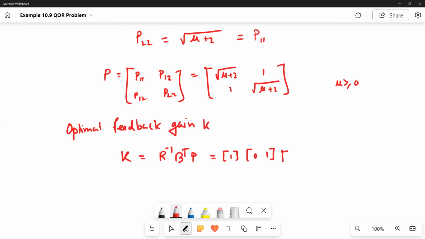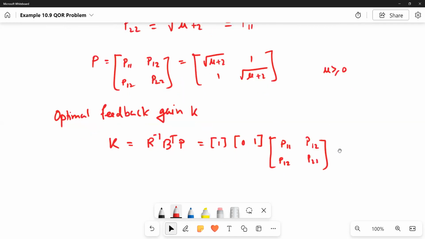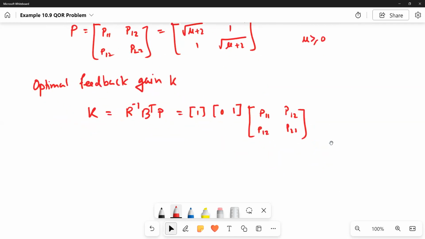And P, we already figured out, is [P11, P12; P12, P22]. And we can replace. After computing, you can see that it will become a row matrix eventually. So ultimately, it will be [P12, P22].